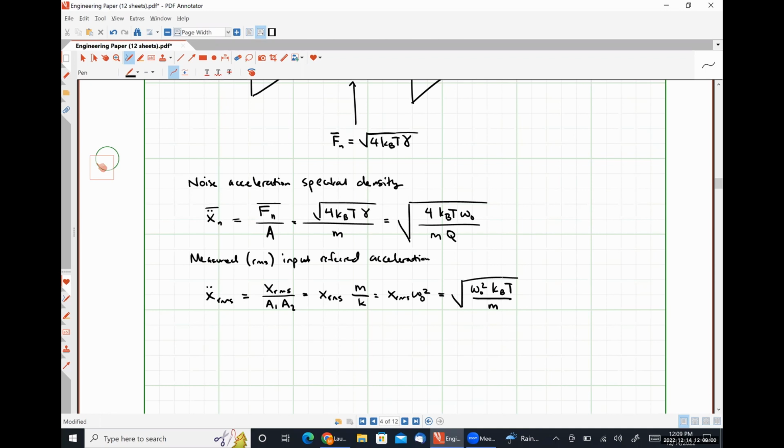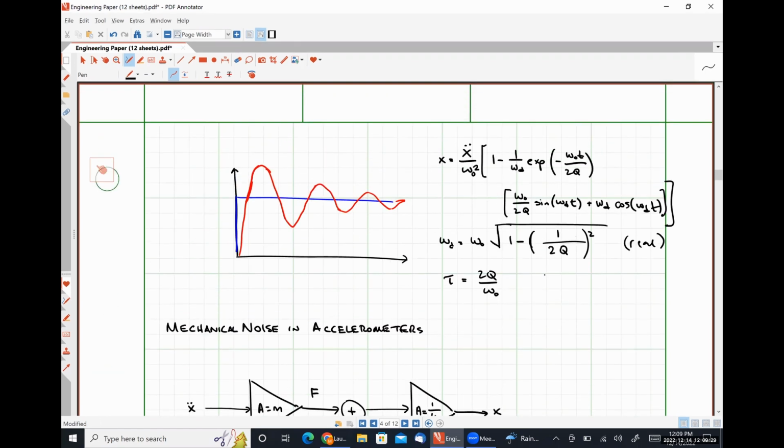So the total input noise referred acceleration can only be reduced by increasing the size of the proof mass or decreasing the resonant frequency, which makes sense, right? The smaller our mass is, the more noise it should experience because thermal vibrations will have a larger impact. Let's see, talking about decreasing omega naught, right? So omega naught, let's go back to our equation here.